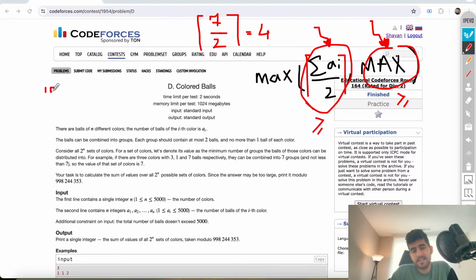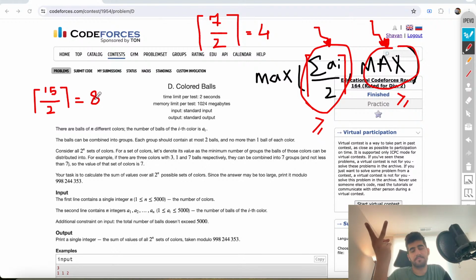If you have 15 balls, you're going to need at least the ceiling of 15 divided by 2 groups, which is 8. Because if you have less than 8 groups, for example 7 groups, each one of them can have only 2 balls, so in total you're going to have at most 14 balls, which is a contradiction. So you cannot fit 15 balls into 7 groups.